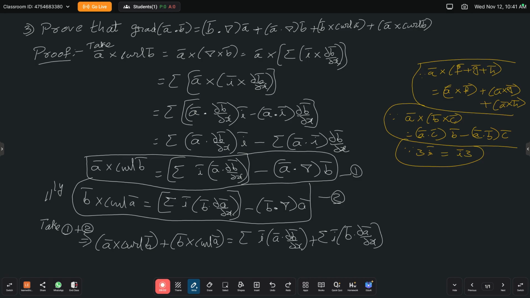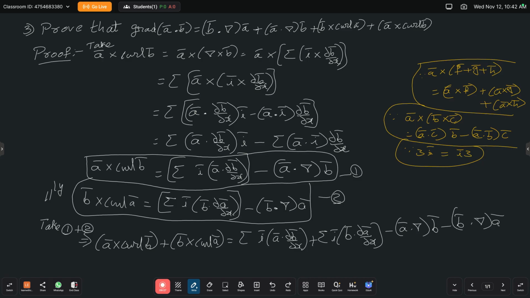These are the first terms of equations 1 and 2 of the right hand side. In the same manner, at a stretch, I am writing the second terms of the first and second equations here. So it will become minus a bar dot del of b bar minus b bar dot del of a bar.